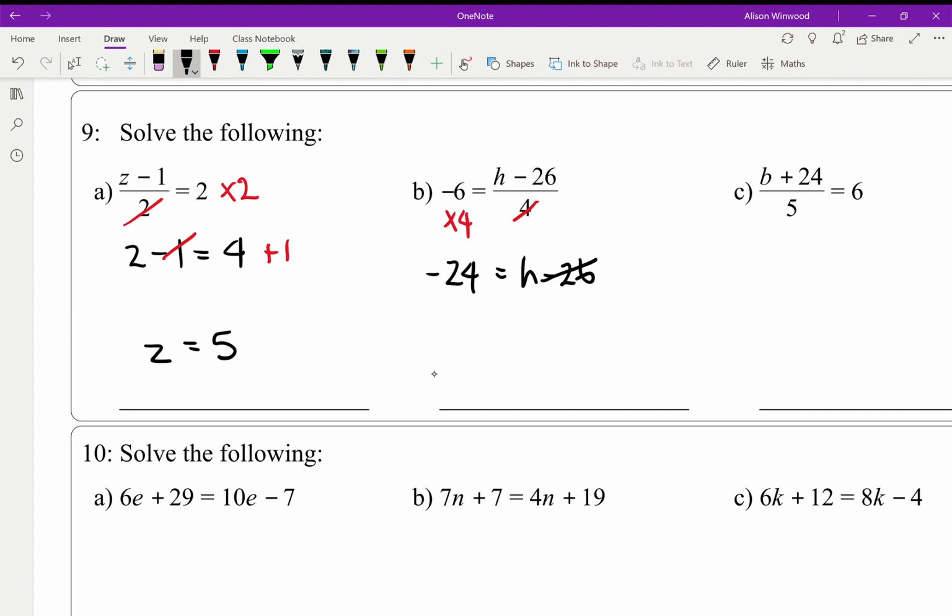Opposite of subtract is add. Opposite of divide is multiply. Opposite of add is subtract.